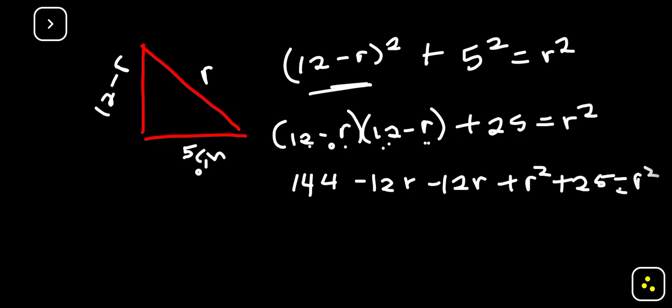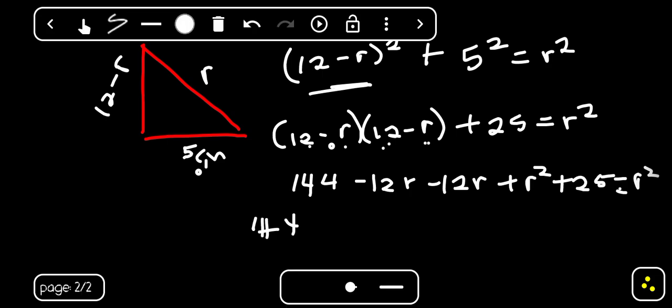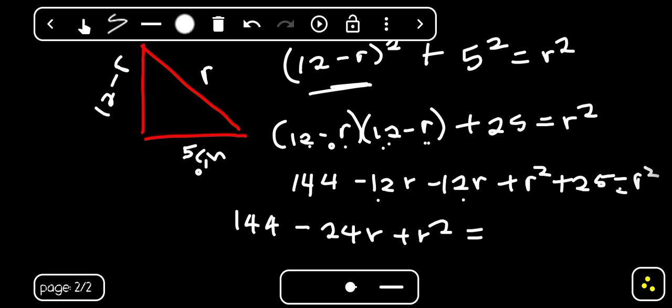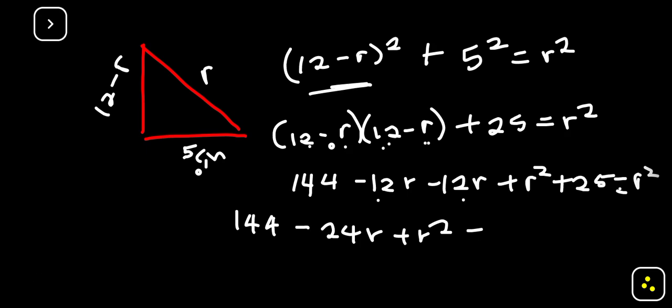So now we'll have 144, let me write that again. 144 minus 12r minus 12r is minus 24r, plus r square, and we have also plus 25 here, equal to r square.